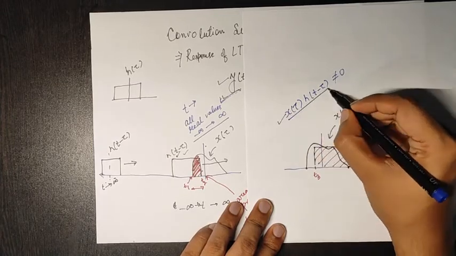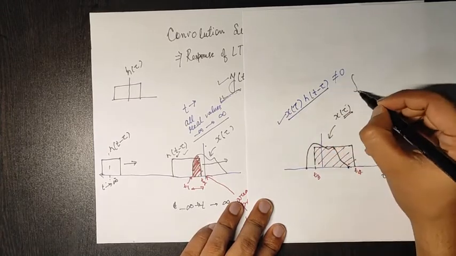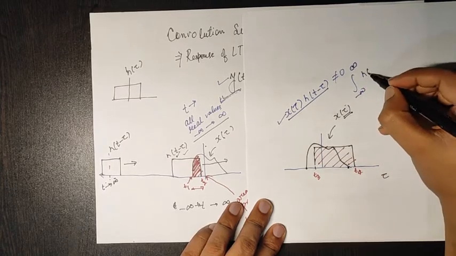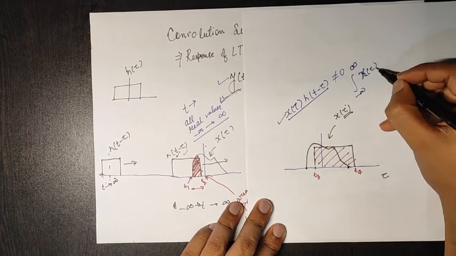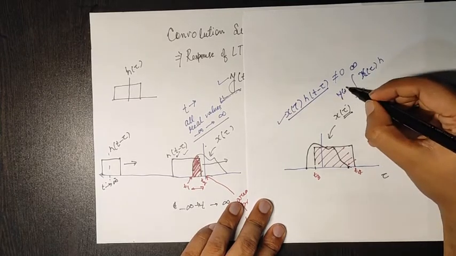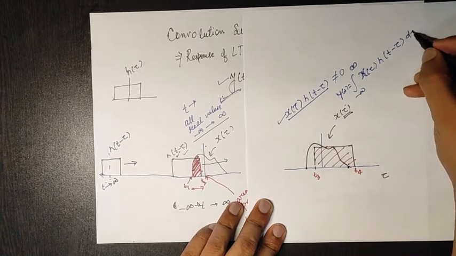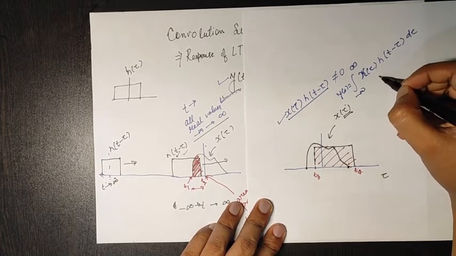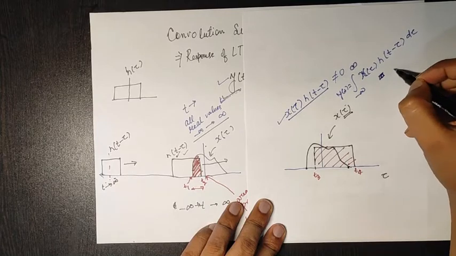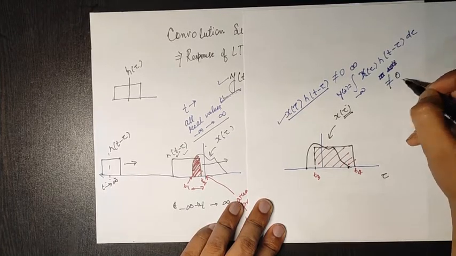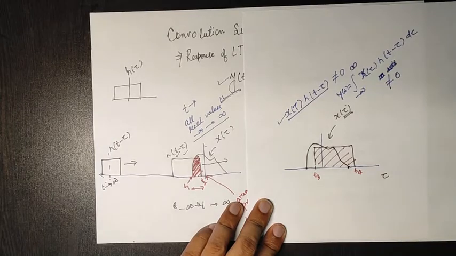Since this is non-zero, the integral from minus infinity to infinity of x tau into h t minus tau d tau will be finite, that is, there will be a definite value of y of t.